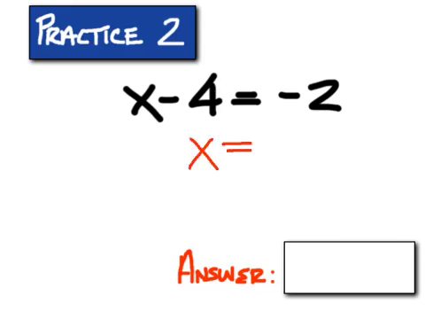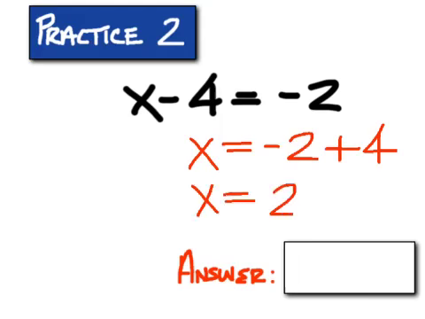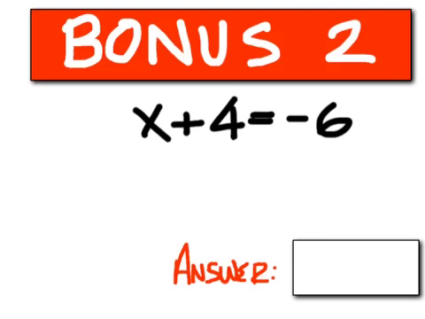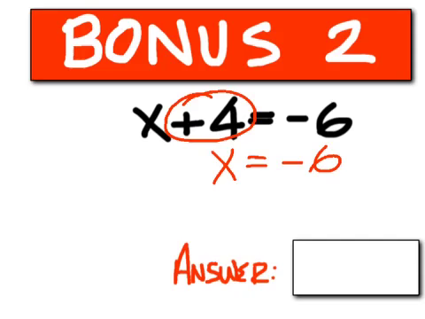On the practice problem, that should be negative 2 plus 4, which is an answer of 2. This should be x equals negative 6, and then do the opposite of this, which is minus 4.